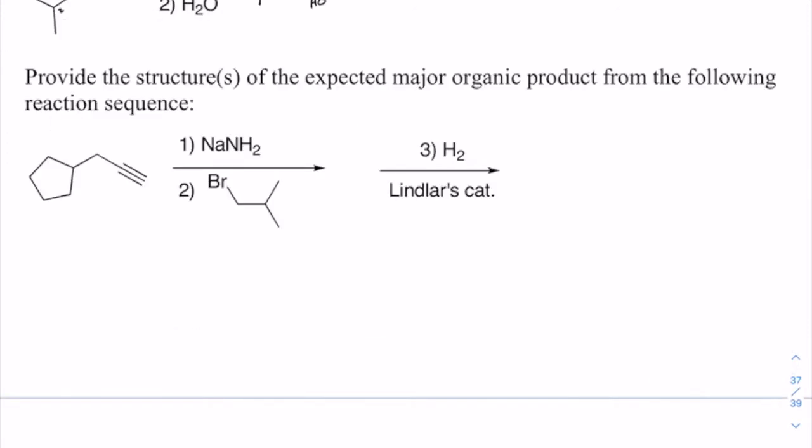Okay. 3. Provide the structures of the expected major organic product from the following reaction sequence, right? So we have a terminal alkyne, and we have an alkylation reaction to add this carbon chain onto the end of that terminal alkyne. And then we have Lindlar's catalyst, which reduces that triple bond down to a double bond. So we're basically going to have an A and a B product, right?